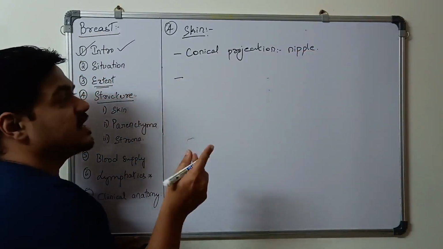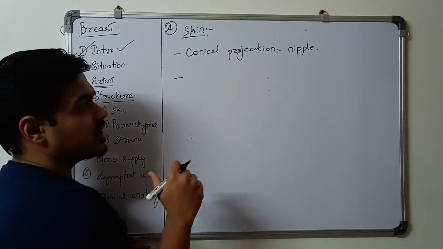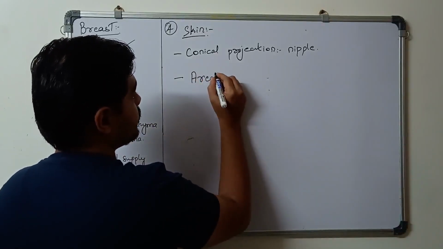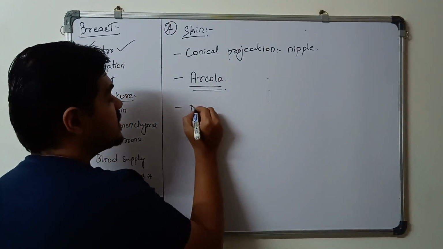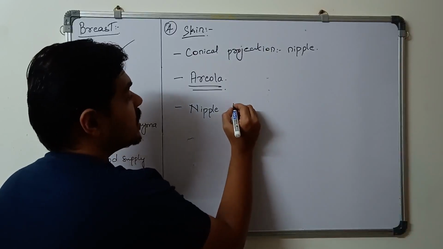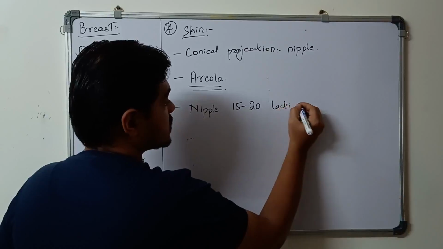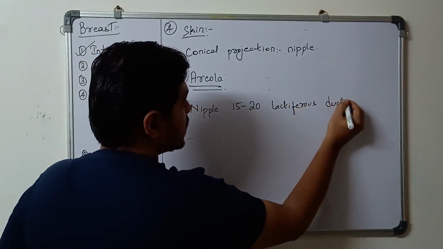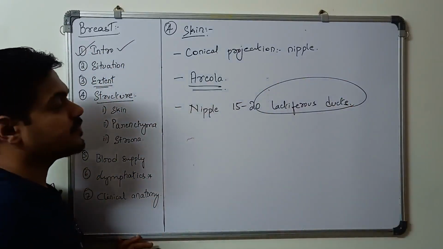And this nipple is surrounded by a hyperpigmented layer of skin, a circular region of skin that is called as the areola. Okay, so this nipple has been pierced by 15 to 20 lactiferous ducts. These are the ducts which drain the mammary glands.